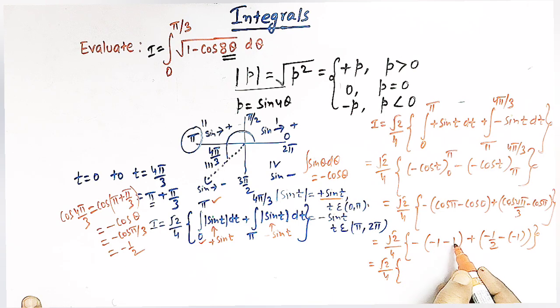So here minus 1 minus 1 is minus 2, and here we have minus half plus 1, and this is square root of 2 over 4. This is plus 2, and 1 minus half is simply half.